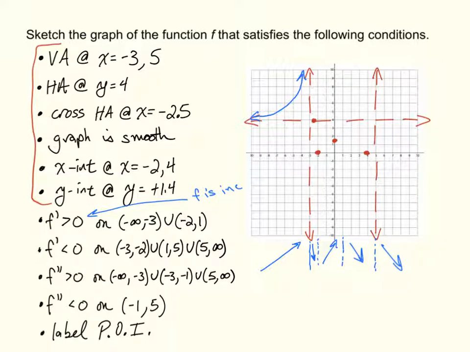So that means the graph has to start up here and decrease until we get to x equals negative 2. And then from there, it increases until x equals 1. So even though we've got a y-intercept here at 0, 1.4, we need to keep increasing past that all the way over until the x value 1. So maybe we can increase until there.